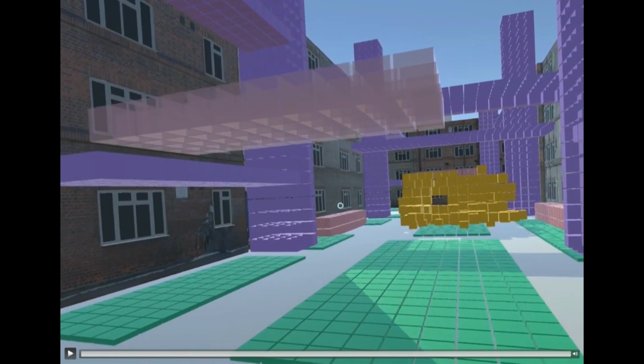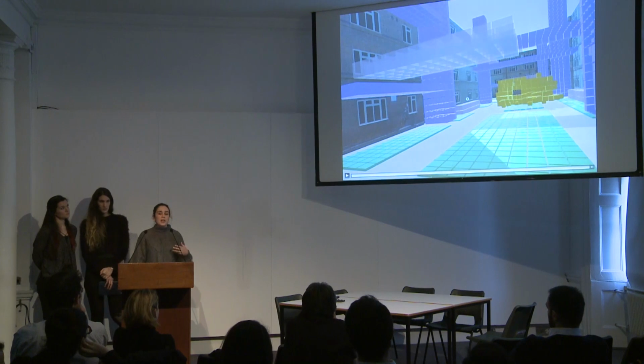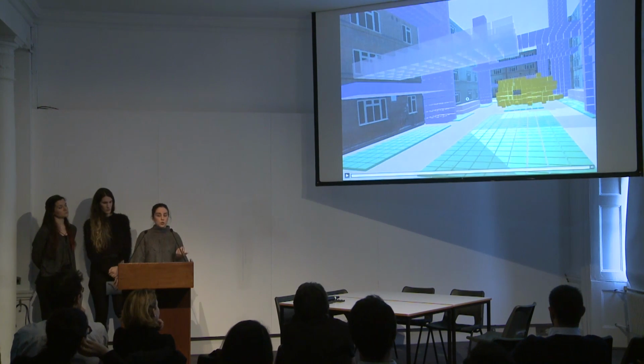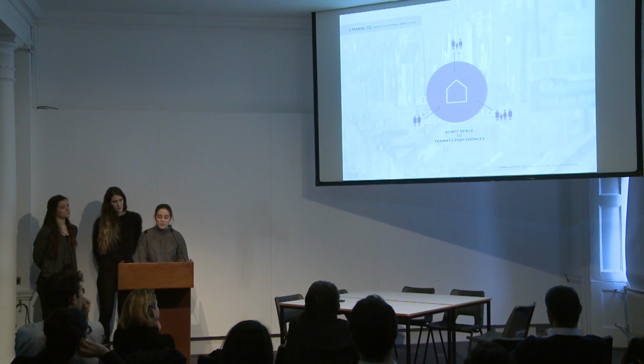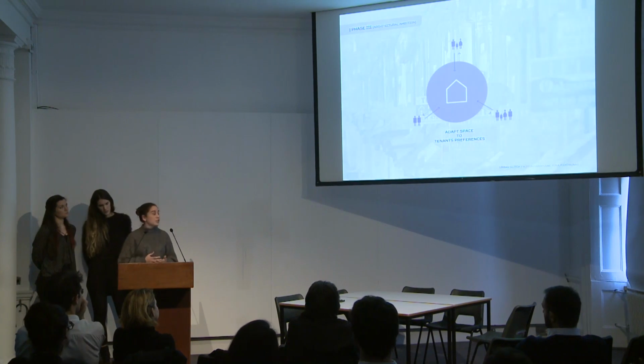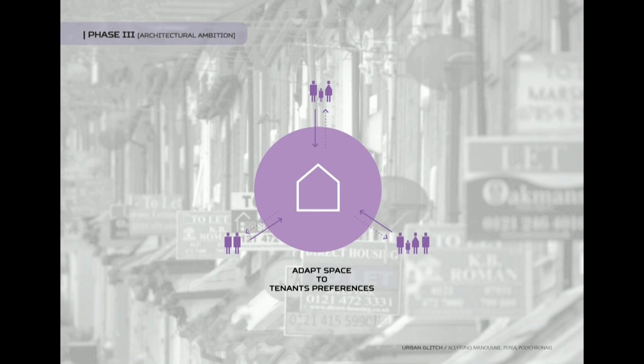So with this experiment, we achieved the last stage towards validating our tool, which now in the EmArch stage, we wanted to explore its potential to adapt space periodically according to the moving tenants' preferences, which in most cases in London or highly populated cities, in the context of social rented neighborhoods, they don't really find that the public or the private spaces respond to their needs.